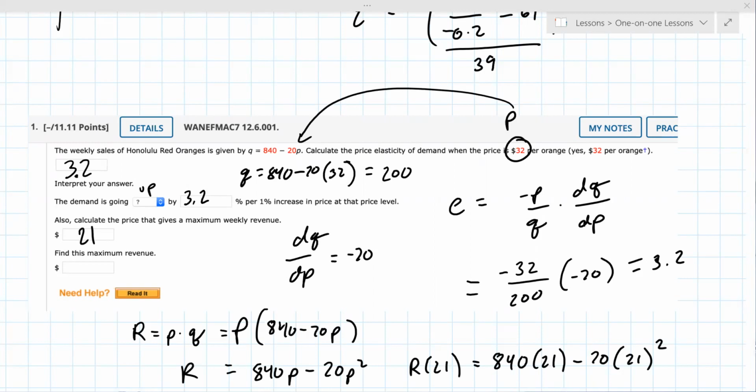Let me calculate that for you. Is that revenue function the one we made, or is that the derivative? It's the one that we made. It's the original. The derivative just tells you where it happens. The revenue function tells you what the maximum is. And that's 8820.